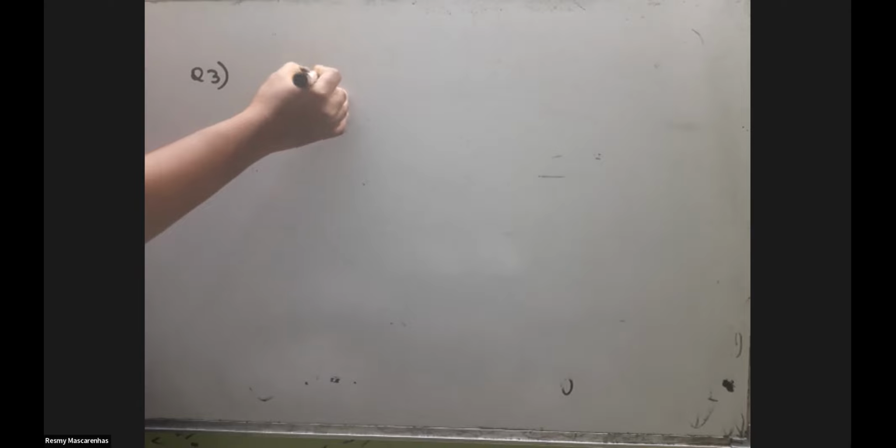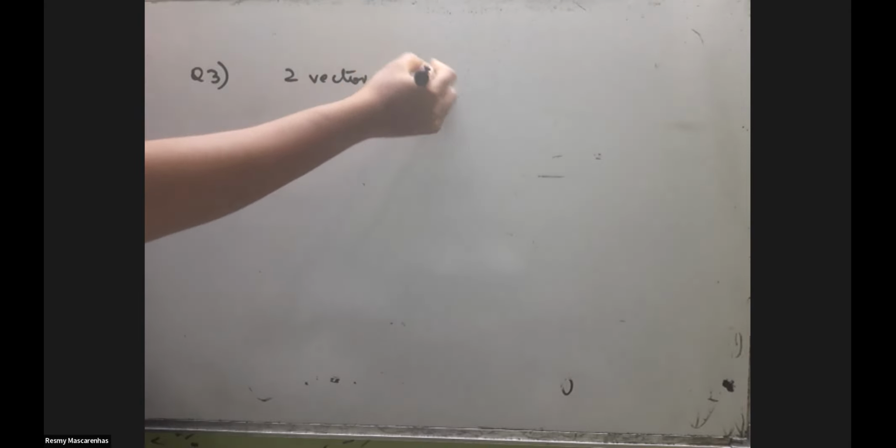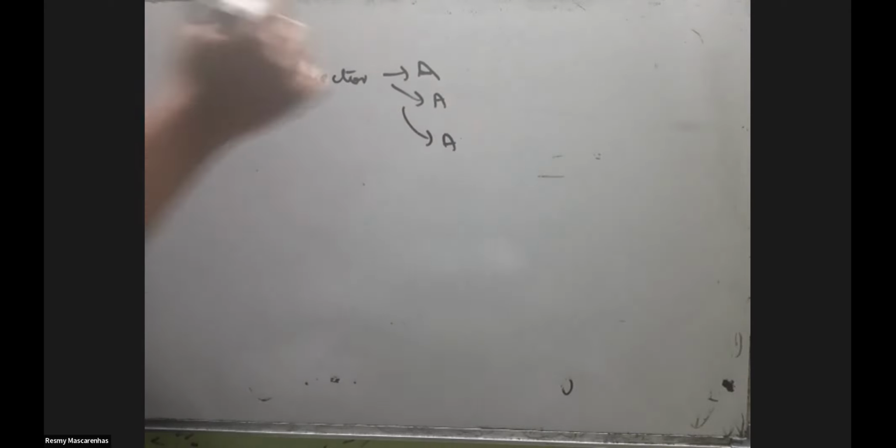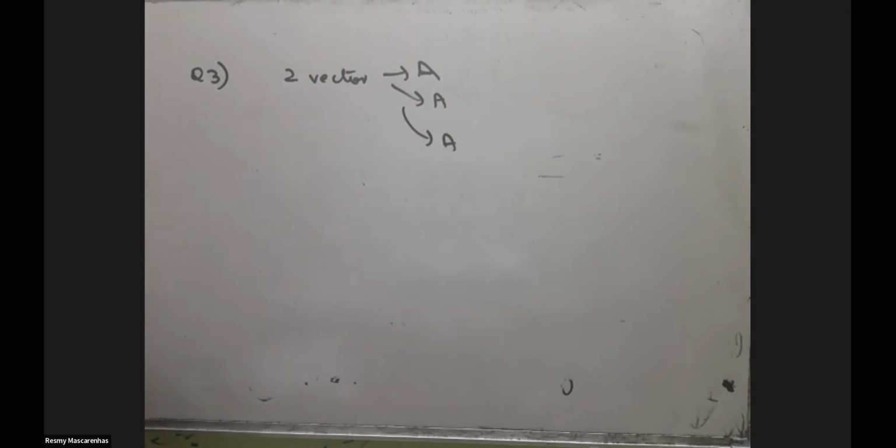Okay, so now there are two vectors, both are A only, and resultant is also A only. So now we don't know whether they are perpendicular to each other or what angle is there between them.